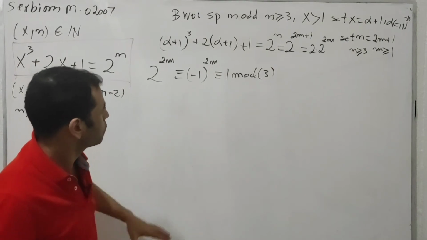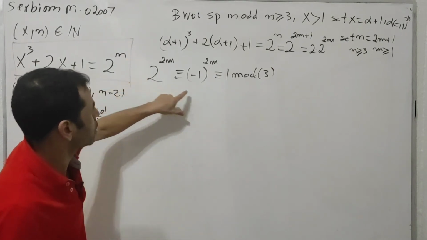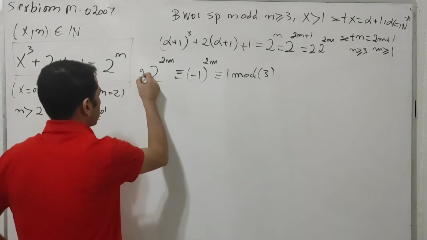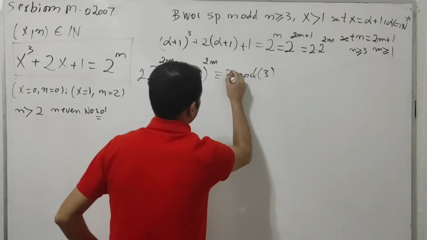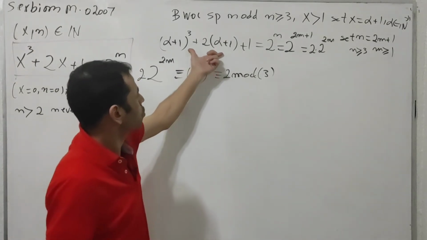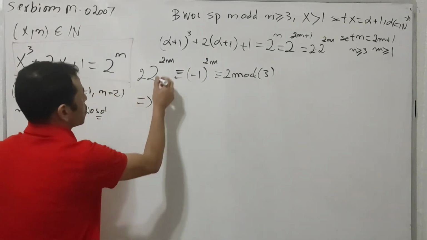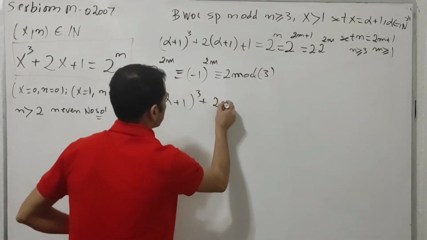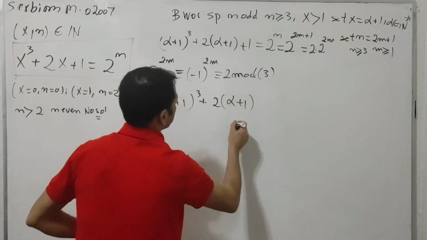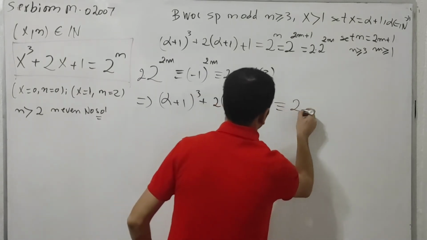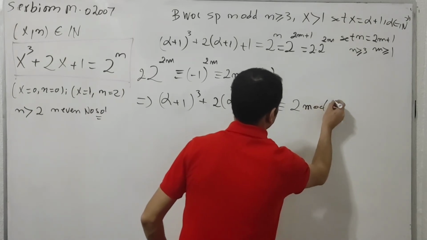So what I'm going to do now, I'm going to multiply both sides by number 2. By multiplying by 2 here, this one becomes 2 here. So this one equals this one, so I'm going to replace this one with its value. I will have alpha plus 1 cubed plus 2 multiplied by alpha plus 1 plus number 1 is congruent to 2 mod 3.